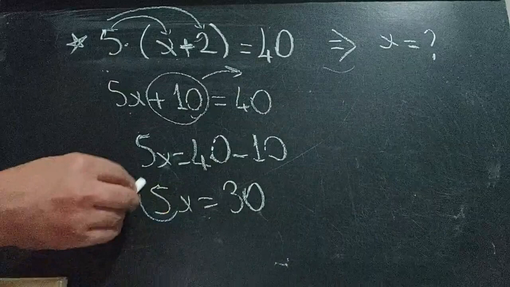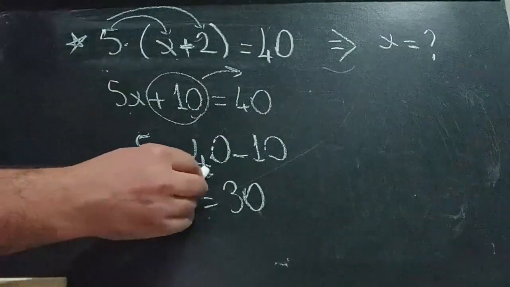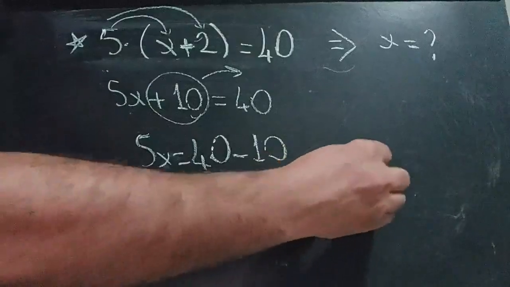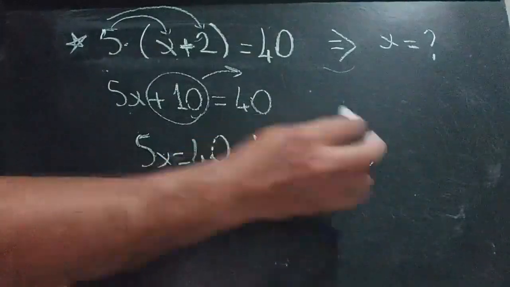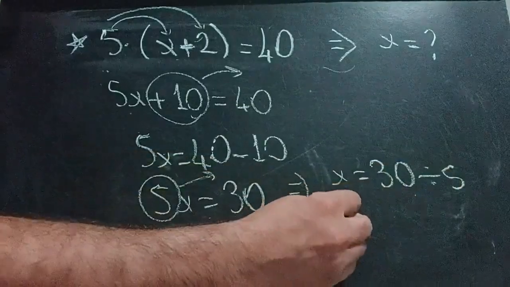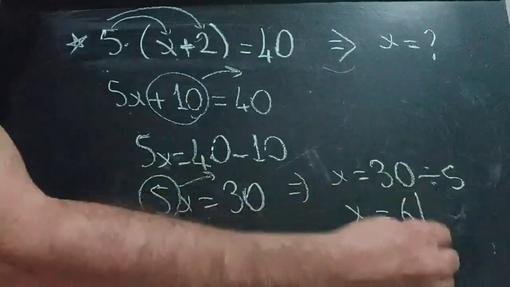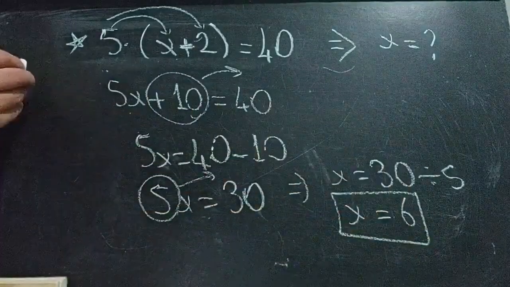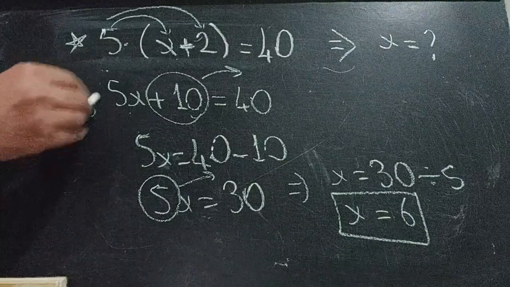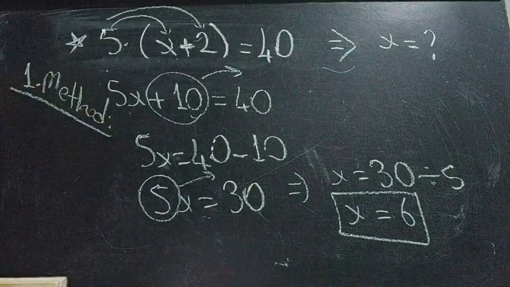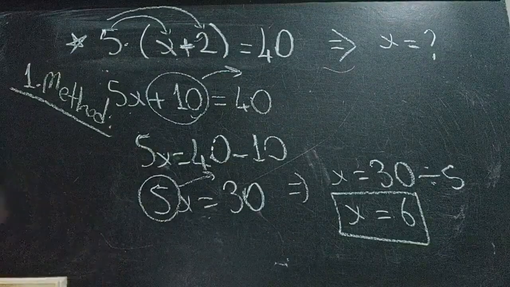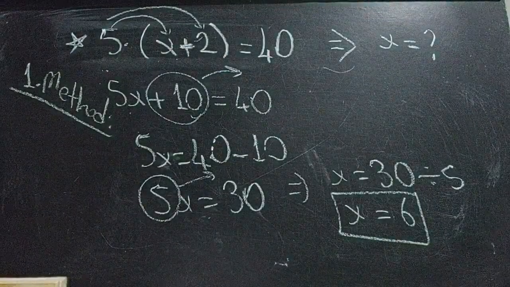And this one will go to the other side as division. x equals 30 divided by 5. x equals 6. So that was my first method: open the bracket, then leave the unknown alone.